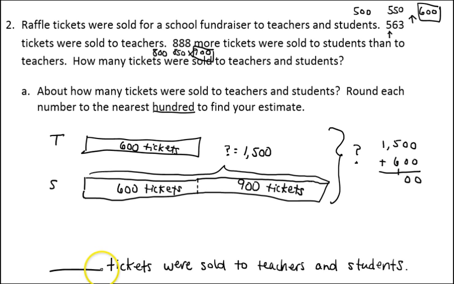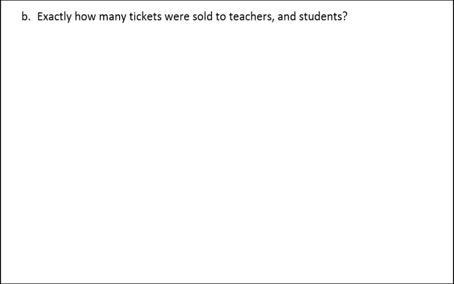And that would give me a total of 2,100. So we'll say about 2,100 tickets were sold to teachers and students. Now we're going to find our exact answer, knowing that it should be somewhere around our estimated answer of 2,100 tickets.